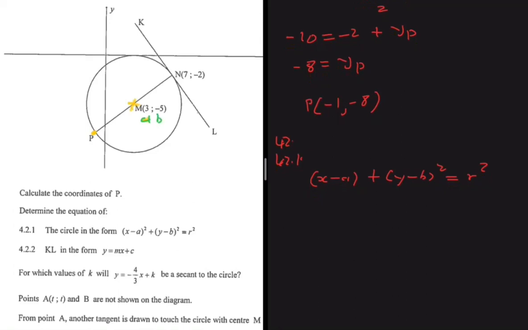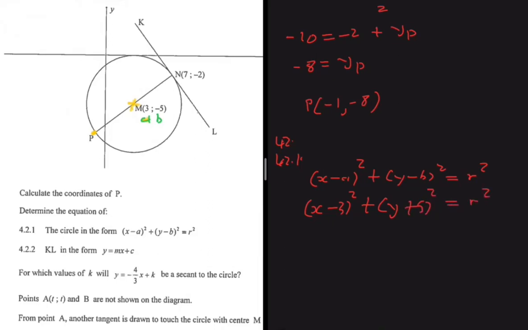So if we put that into this equation, we shall get (x minus 3) squared plus (y minus 5), so that will just be plus 5, squared is equal to r squared, right?